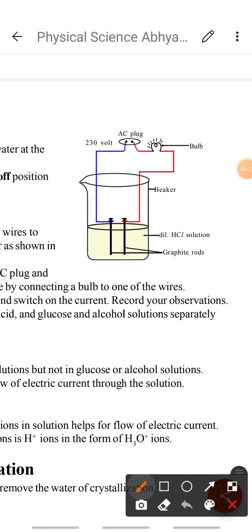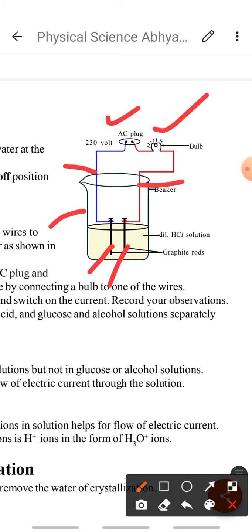See this diagram: we take one beaker in which we place 2 graphite rods connected to the 2 differently colored wires. This is a 230 volt AC plug connected to the bulb. We pour in the dilute HCl solution, and the bulb glows. If you take sulfuric acid, the bulb glows.